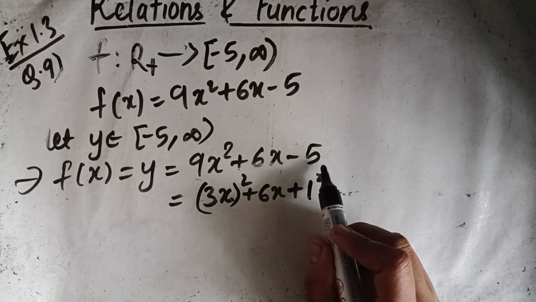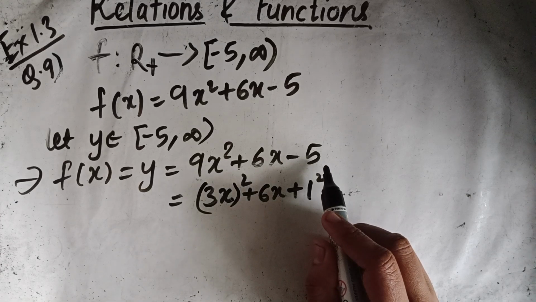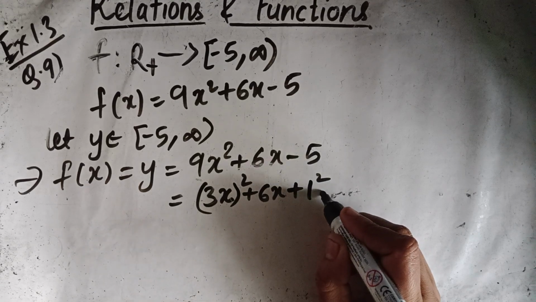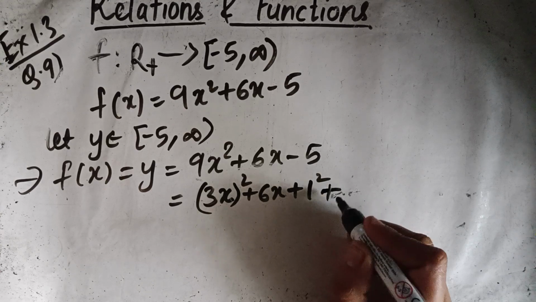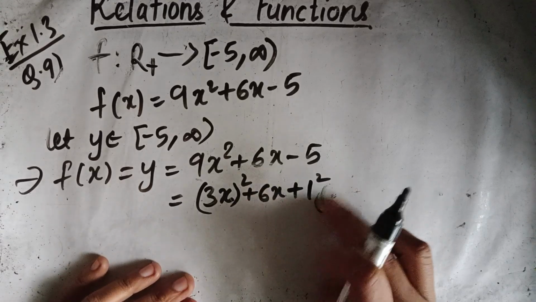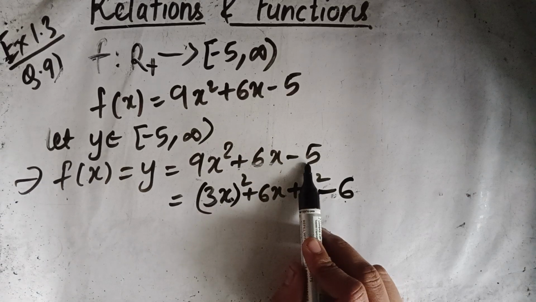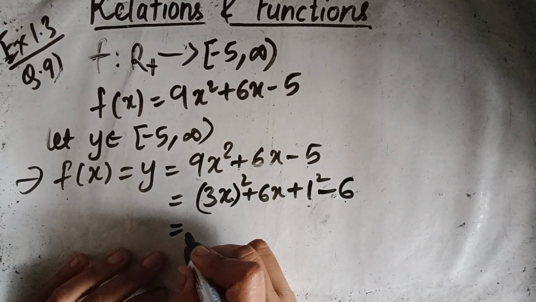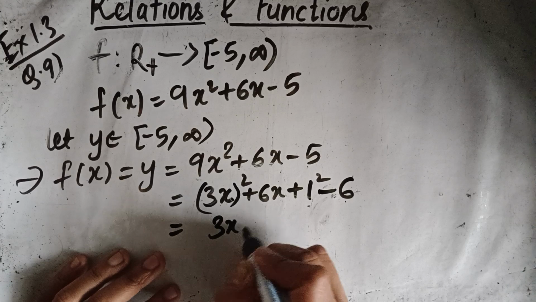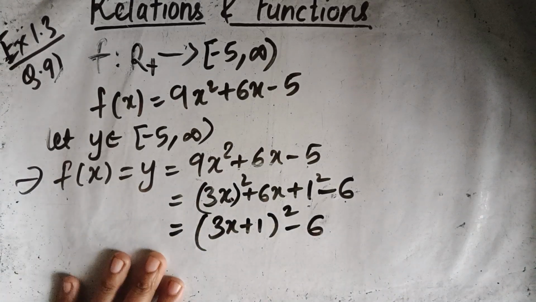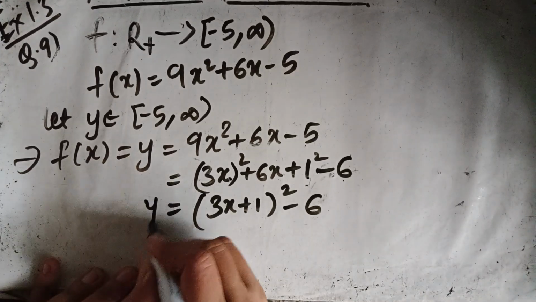So you can write plus 7, minus 6. Minus 6 plus 1 is minus 5, right? So you can write this as 3x plus 1 the whole square minus 6. So this is your y.